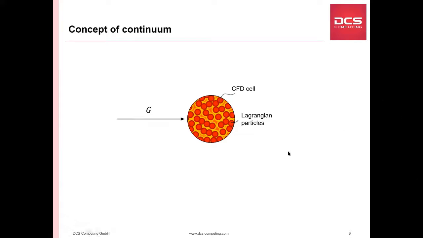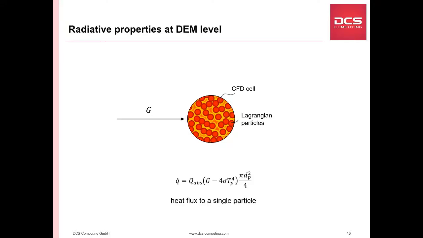So we have a CFD cell and we have Lagrangian particles, and we have this intermediate level where the Lagrangian particles form a particle cloud which shares average properties, and we conserve the incident radiation at the CFD level. At the DEM level, each particle has its own heat flux, which consists of the absorbed part of the incident radiation and the emitted part of each particle.